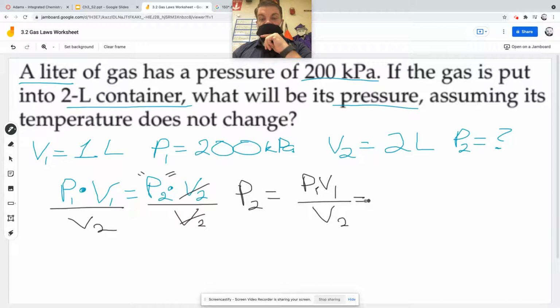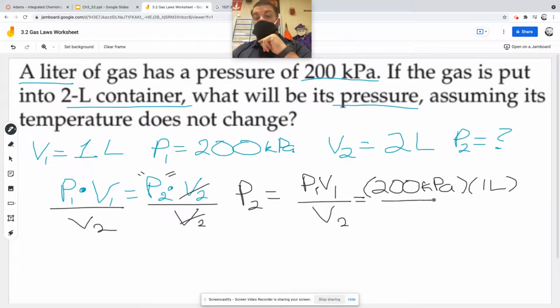In other words, I've got 200 kilopascal, and I apologize for my handwriting. This is not the easiest thing to do on this tablet. And that's going to be times the initial volume, which is 1 liter, all over the second volume, which is 2 liters.